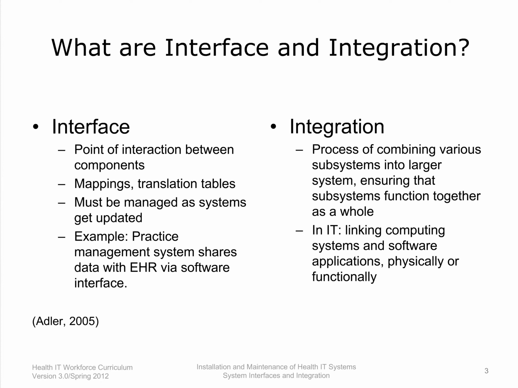This is typically done through a software interface. To build and maintain an interface requires the cooperation of personnel from both the practice management and EHR companies. Each time the EHR software is upgraded, and most good EHR products promise at least one upgrade per year, all interfaces have to be updated as well.